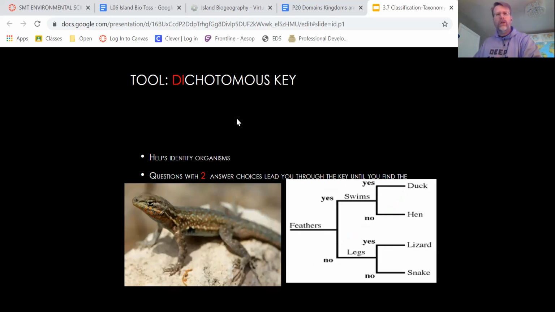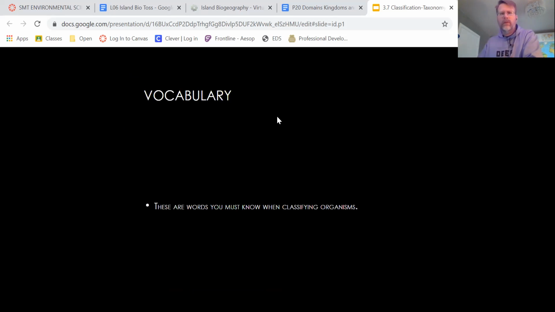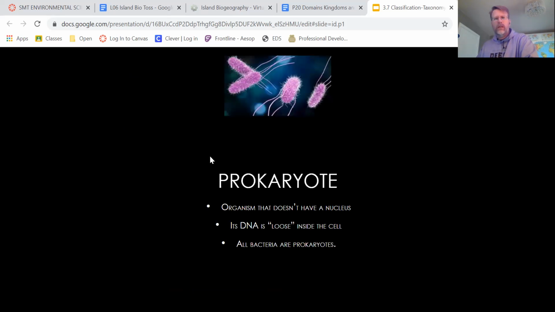We could also use dichotomous keys, which is again useful for naming and for categorizing. But we really want to focus on communicating accurately with their name and understanding their role in the environment. So what are some of the words we need to know for this whole process?